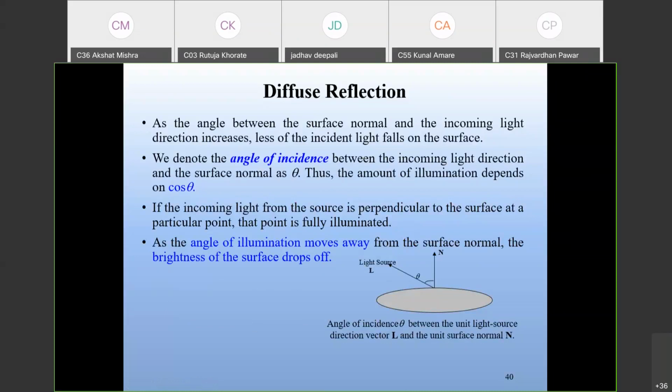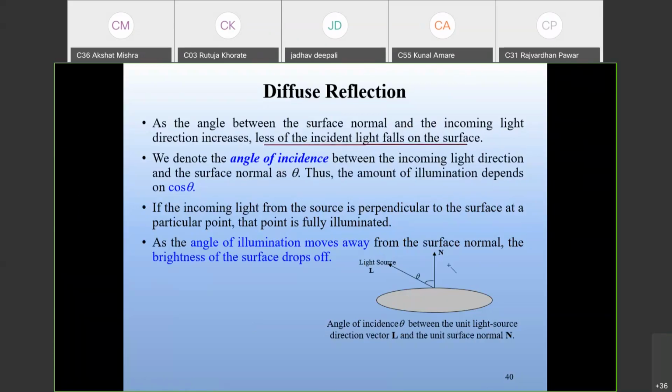As the angle theta between the surface normal and the incoming light direction increases, less of the incident light falls on the surface.